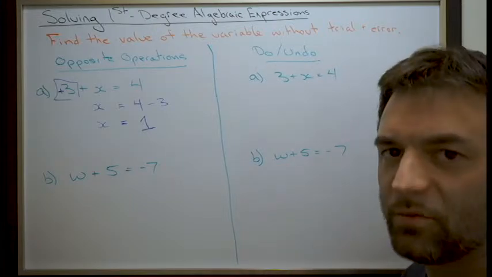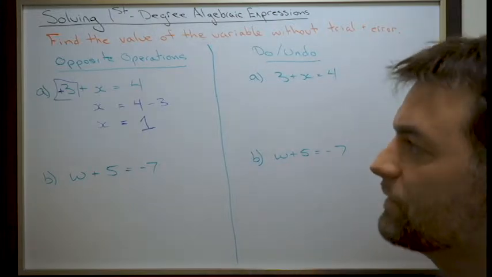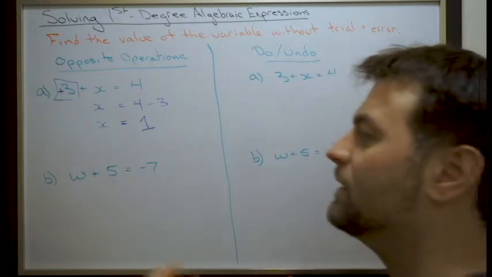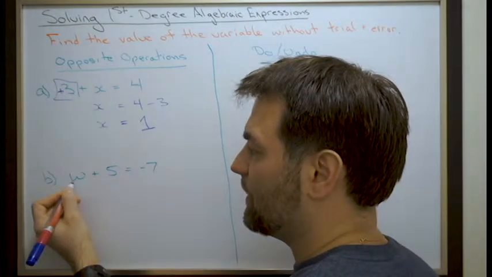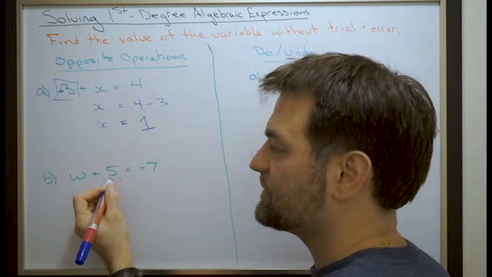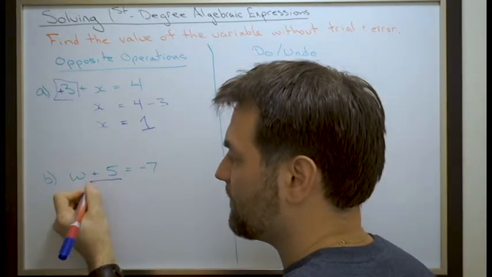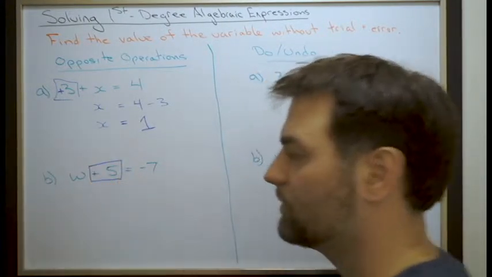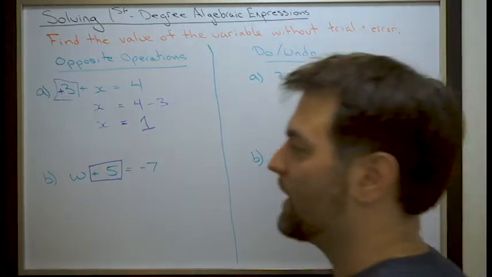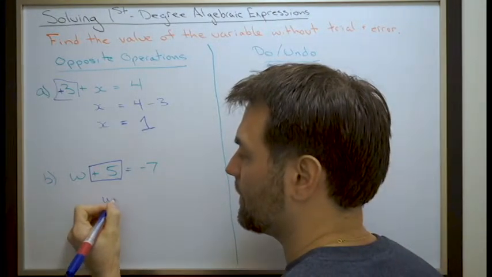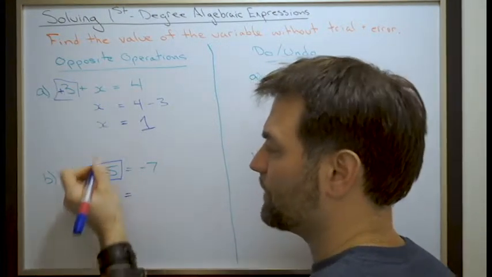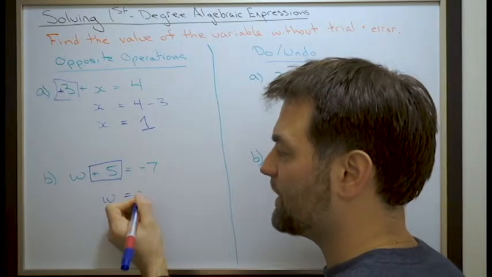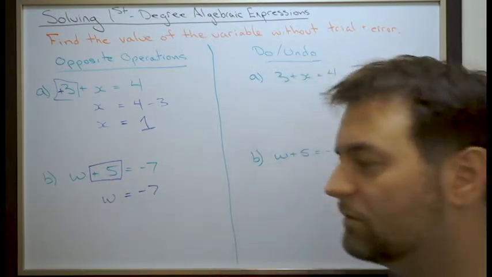Now, let's look at another example with that, and then we'll do the do-undo method. So here we have w plus 5 equals negative 7. So we're adding 5 to w. I'm going to highlight that. I'm going to rearrange it by moving the 5 over. So I'm rewriting everything that I didn't circle.